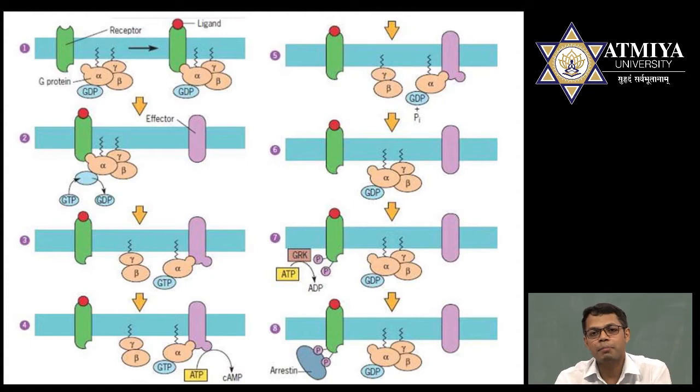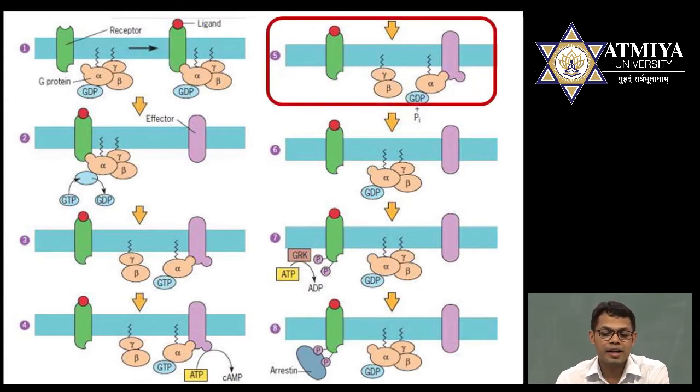Now the G protein is completely active, meaning alpha becomes fully active. Alpha will dissociate from beta gamma and bind to the effector, adenylyl cyclase, and finally adenylyl cyclase becomes activated. Due to the activity of adenylyl cyclase, ATP is converted into cyclic AMP, and the secondary messenger cyclic AMP is produced.